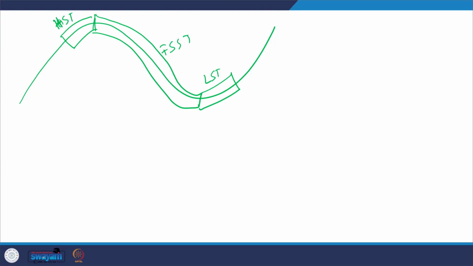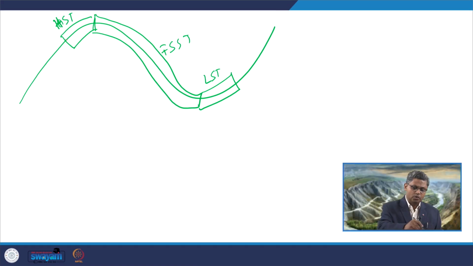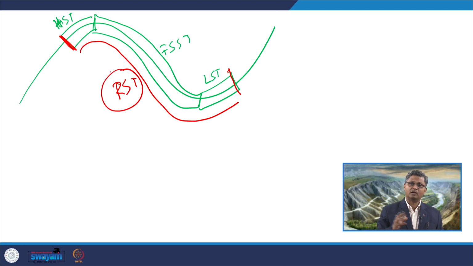When we are talking about the regressive systems tract, we are looking at this entire package starting from here, the highstand systems tract, and ending up over here. This entire package is part of the RST, where these three systems tracts combined together are called the regressive systems tract.